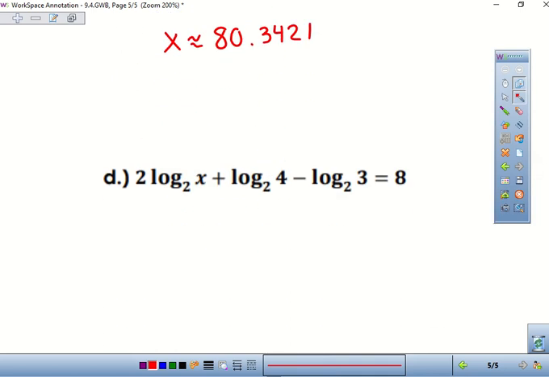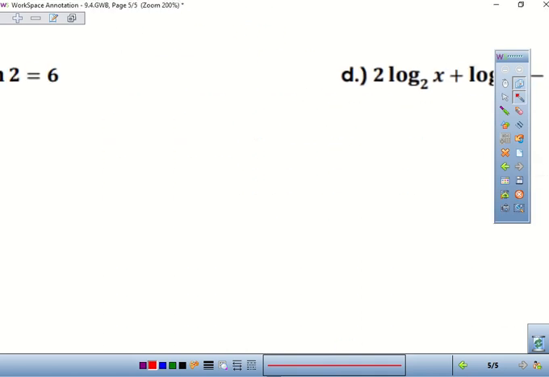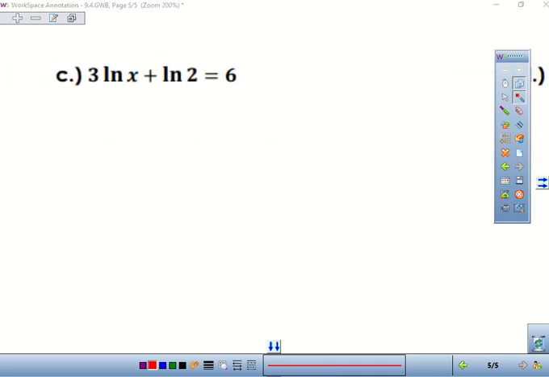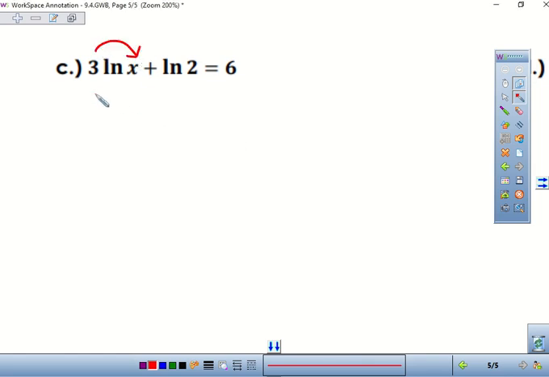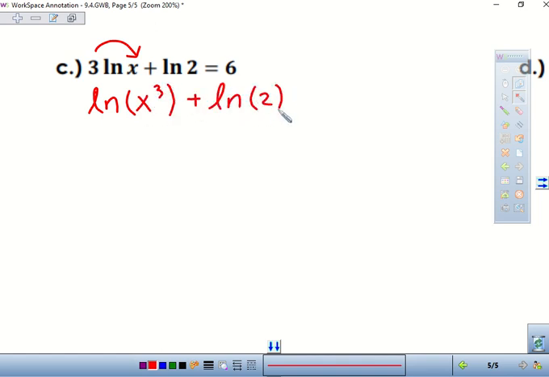All right. Let's do letter C together. So I got to bring the exponent back in, right? It's addition, so it's multiplication.